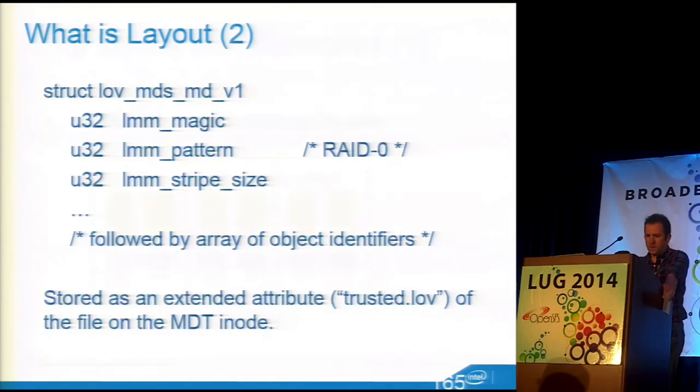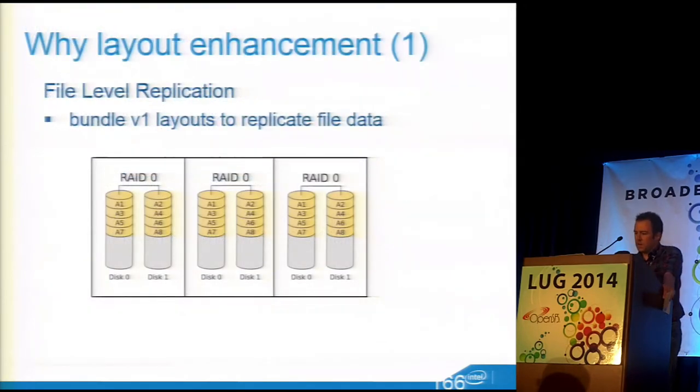So the main why of layout enhancement is to support file level replication, which Jinshan's going to talk about, I think, right after me or right after Mike. So as a means of getting to file level replication, so instead of RAID 0, we have RAID 10 or something more elaborate.